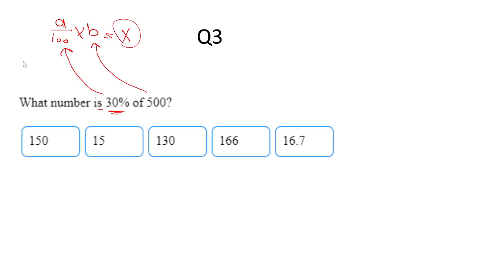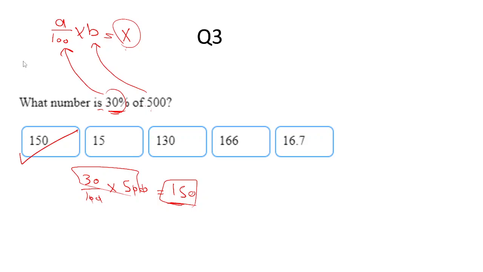This is the number that is 30% of 500. So let's substitute: 30% over 100 multiplied by 500 equals, let's simplify, 150. This is the answer. Very simple, right? Okay, let's move to question number 4.